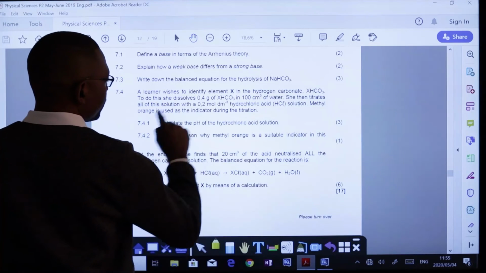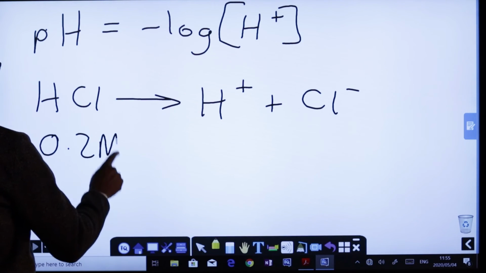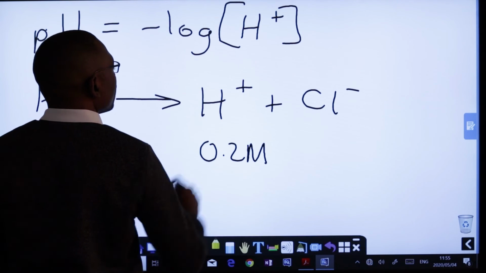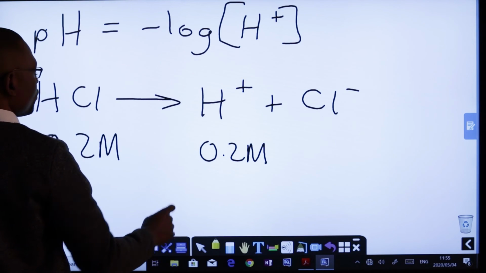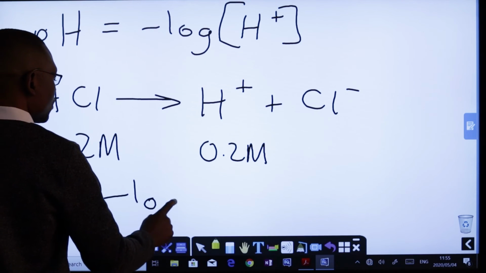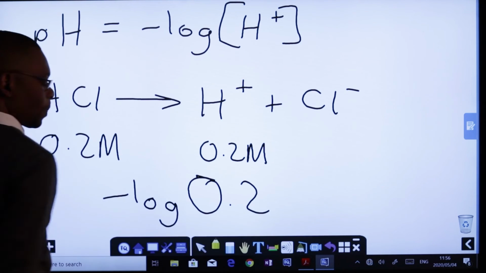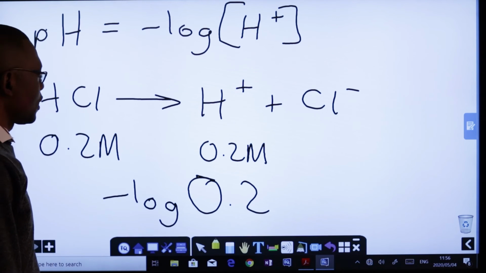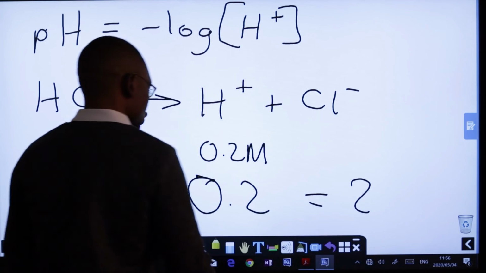So if the concentration is 0.2 molar of HCl, it also produces 0.2 molar of H+. So the concentration of H+ is 0.2, so it's minus log 0.2. Those who have calculators, if you punch this in, you will see that this is going to be equal to 2, a pH of 2.